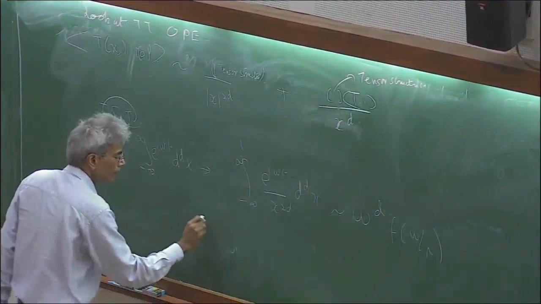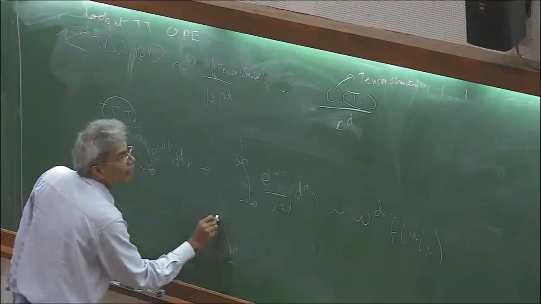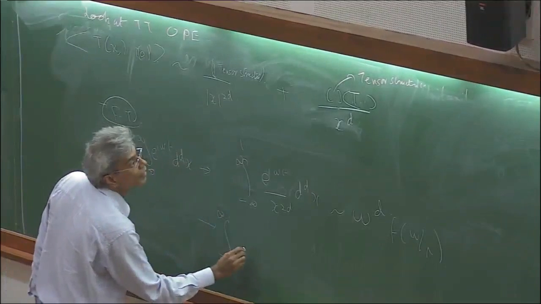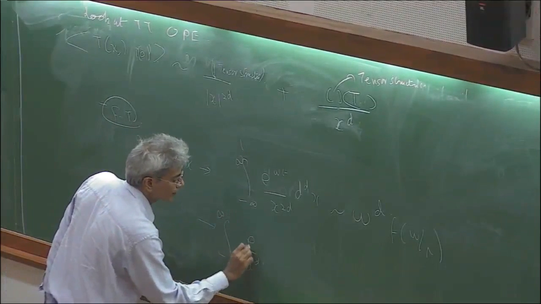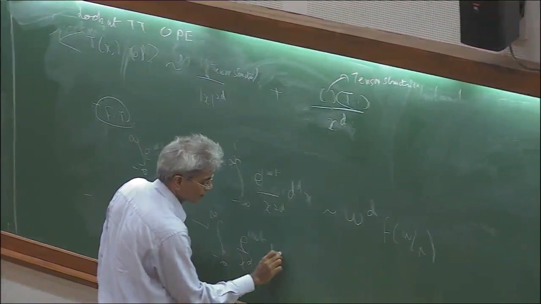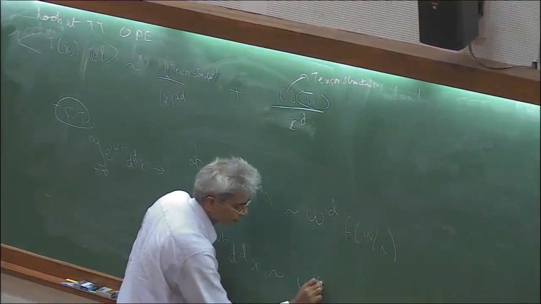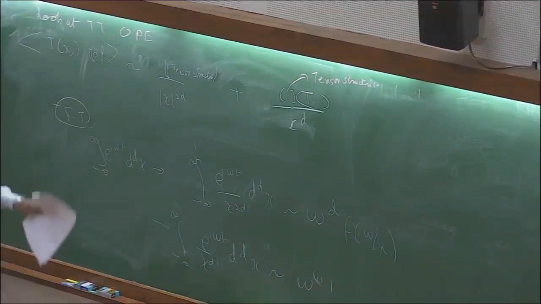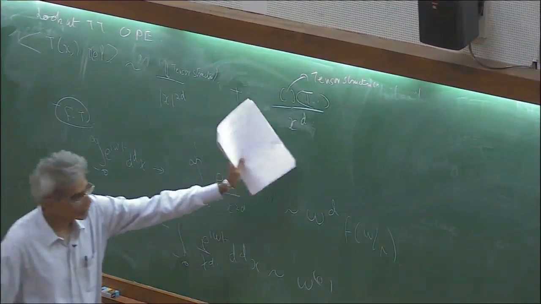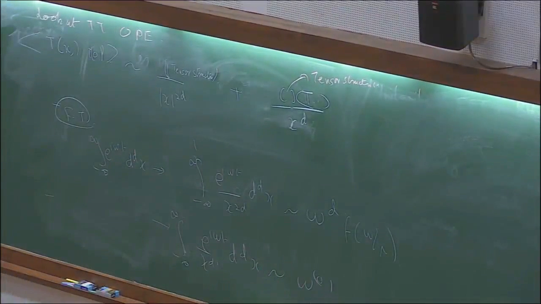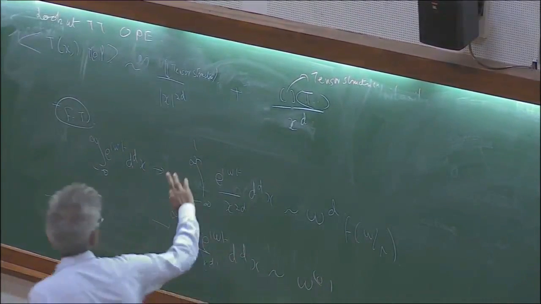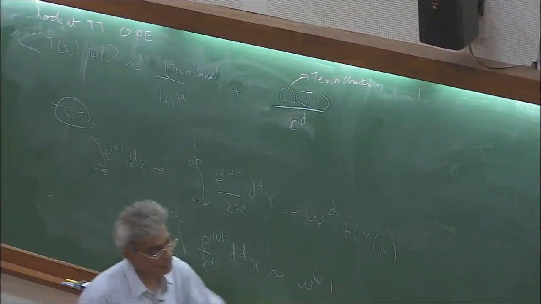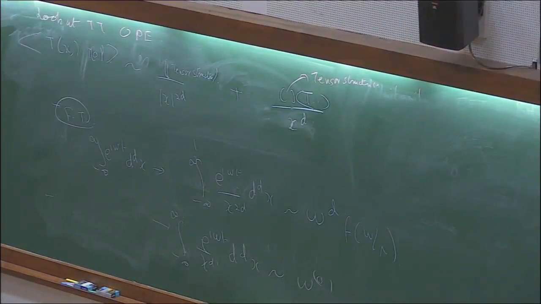And a Fourier transform of x to the d, roughly scaling-wise, is omega to the 0. So this again produces a finite term. It doesn't die. So again, somehow we'll have to subtract even this, to appeal to Cauchy's theorem and get the proof. So there are two terms.